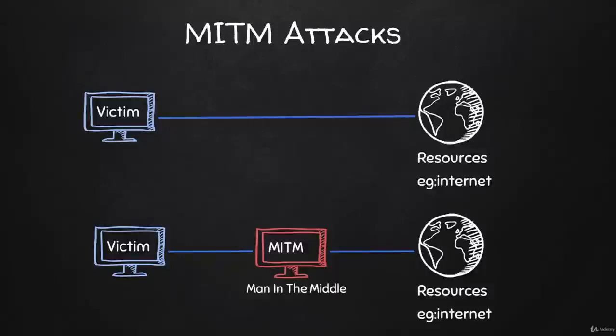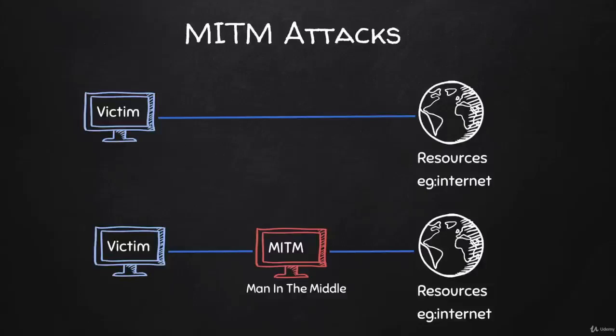Now, in this lecture and the next few lectures, I want to start talking about man-in-the-middle attacks. These are attacks that we can launch only if we are able to intercept the communication between two devices. Hence the name man-in-the-middle attacks.